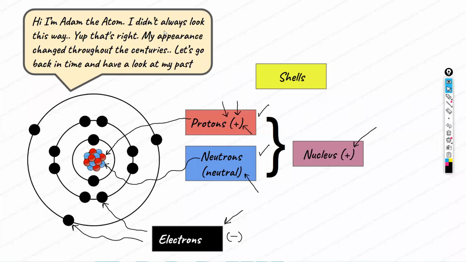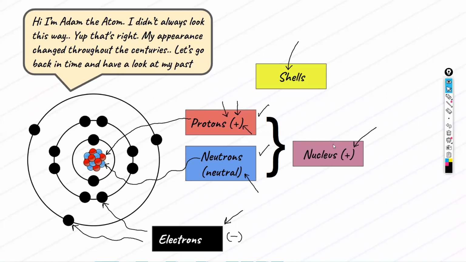You'll notice on the screen, I have the word shells, but I did not discuss the word shells. The shells are the orbits around the nucleus. It's the path that the electrons take around the center of the atom. Each one of these orbits is called a shell. So this particular atom in front of you, how many shells does it have?